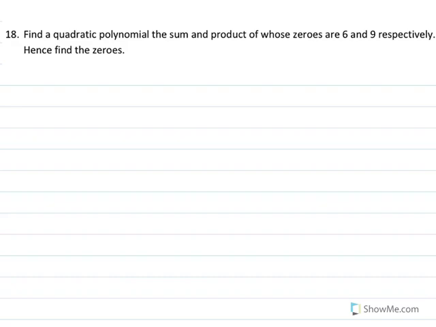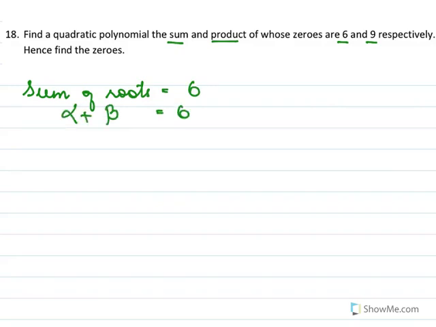Find a quadratic polynomial whose sum and product of roots are 6 and 9. So here the sum of roots is equal to 6, that is alpha plus beta equal to 6, and the product of roots is equal to 9, that is alpha into beta equals 9.